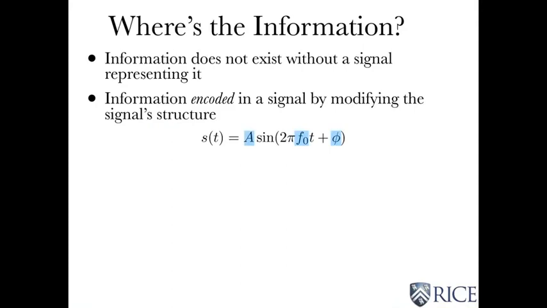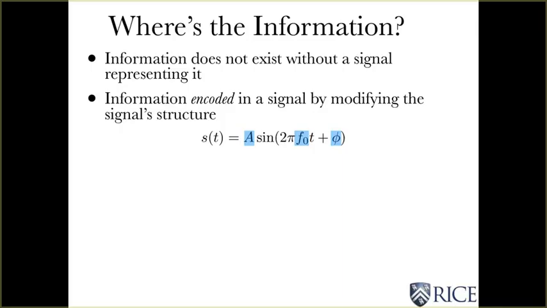If I take this signal, which we've already talked about, it has three parameters highlighted in blue here. If I change the amplitude of that signal in such a way that the amplitude varies according to the speech signal that I'm producing now, that turns out to be what's called amplitude modulation, and that underlies AM radio.